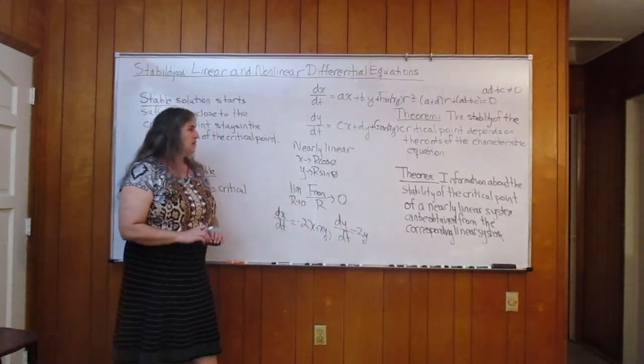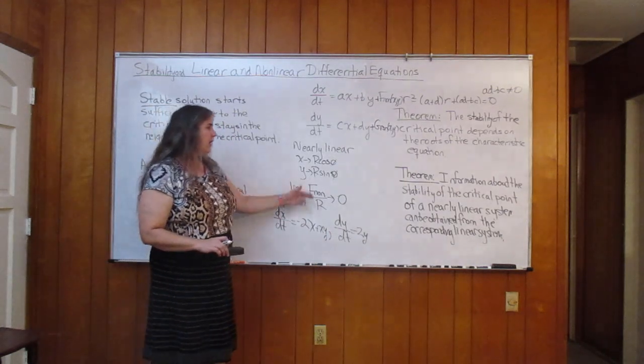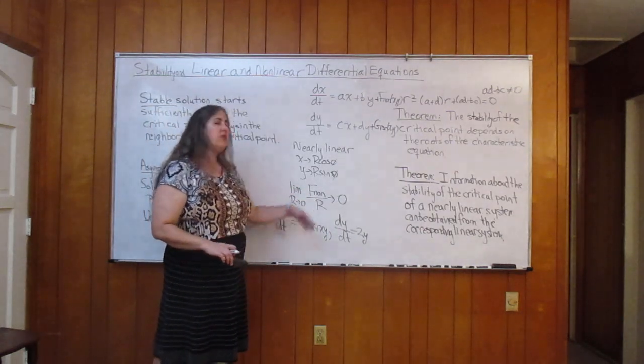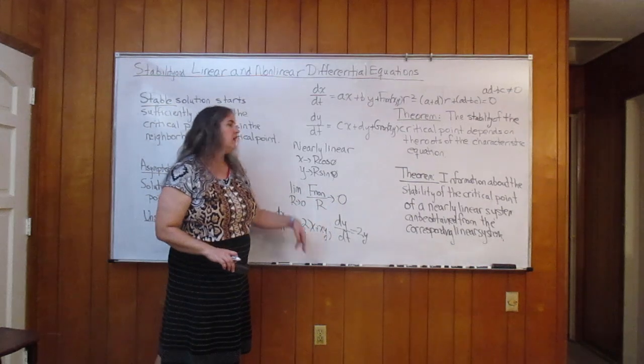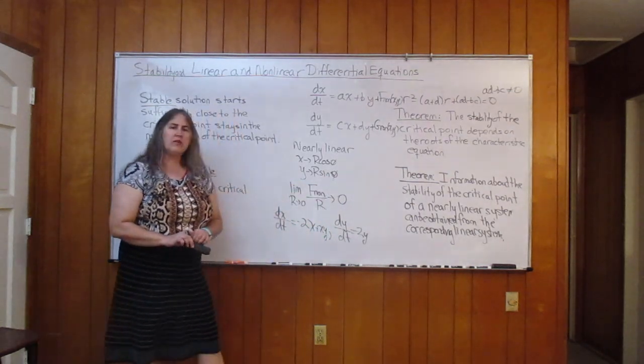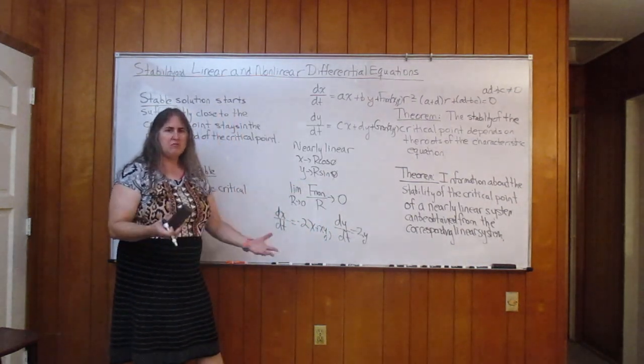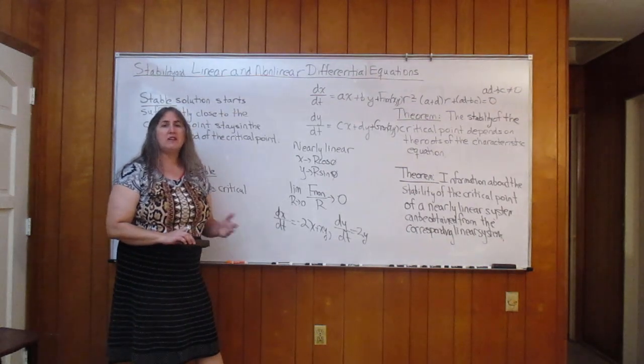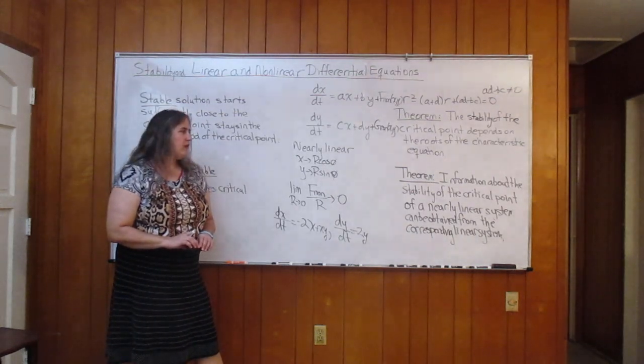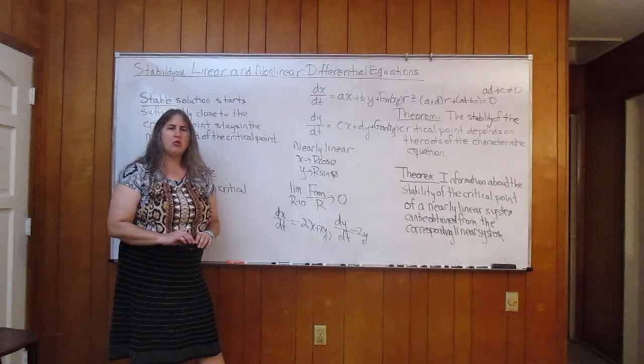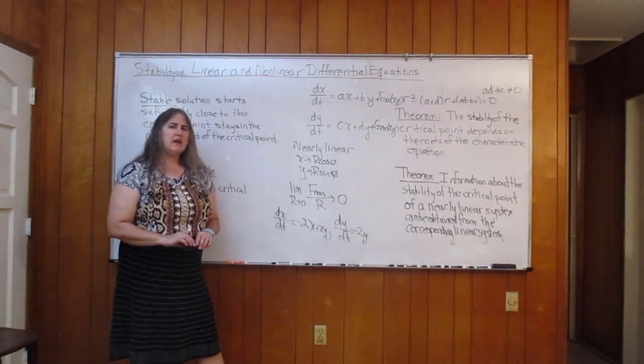So it is nearly linear. Therefore, if I know what the stability of the critical point of the linear system is, I can say what the stability of its nonlinear counterpart, or nearly linear counterpart, is going to be. So rather than prove this, it's more useful to summarize that in a table.